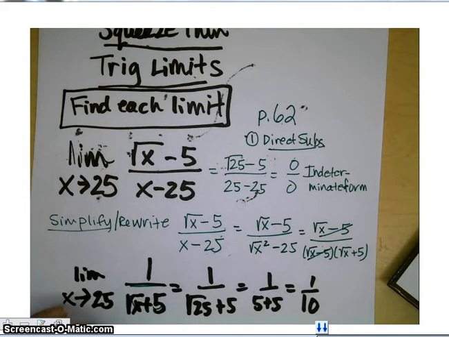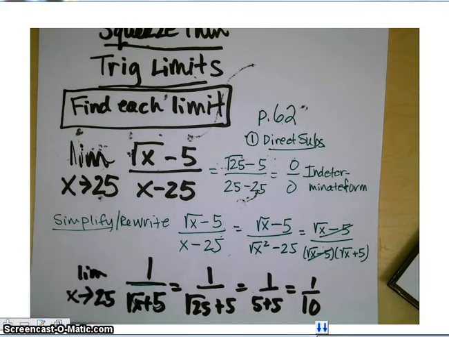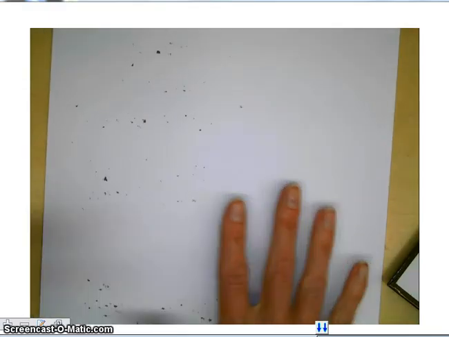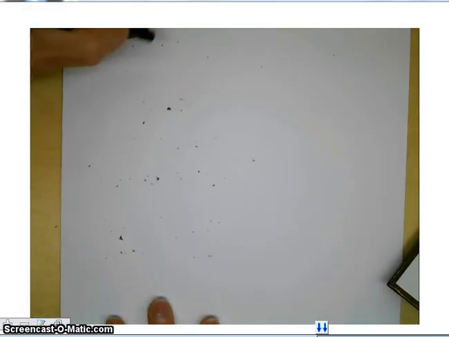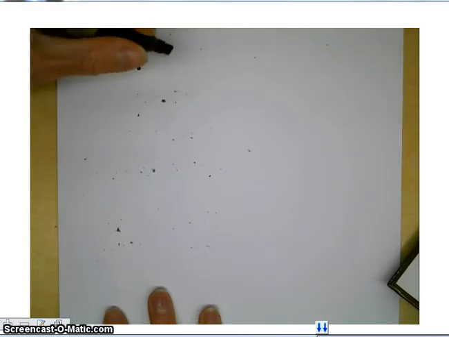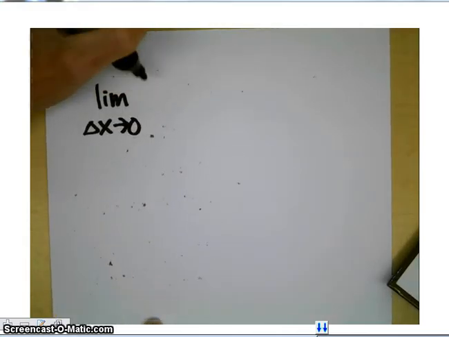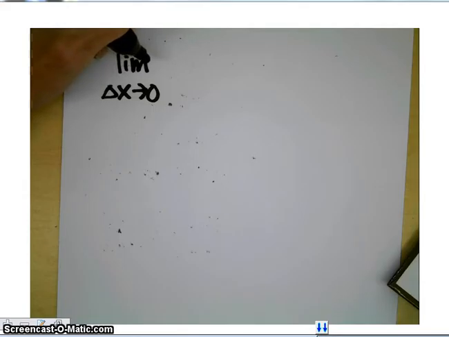And then we're going to look at a couple of limits that we are to memorize, and use those to do some trig problems. So let's now take a look at finding the limit as delta x goes to 0 of, I just want to pick out a pretty ugly one.